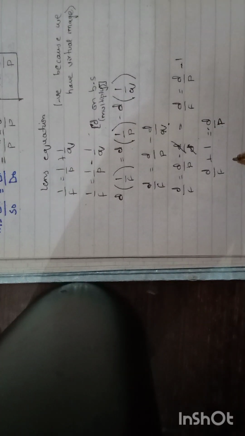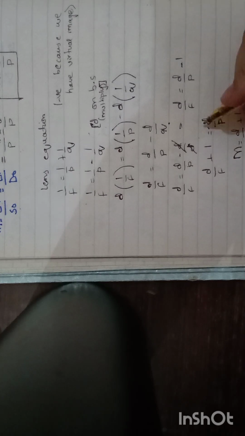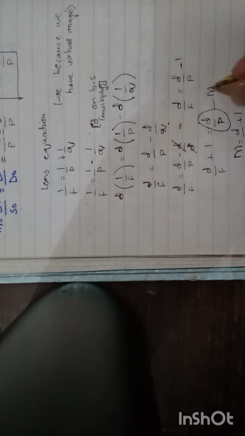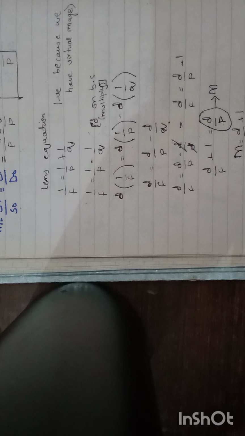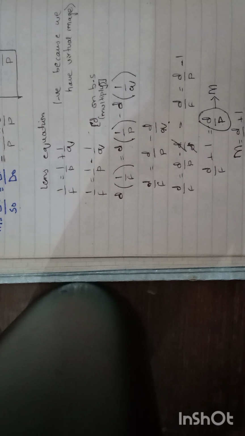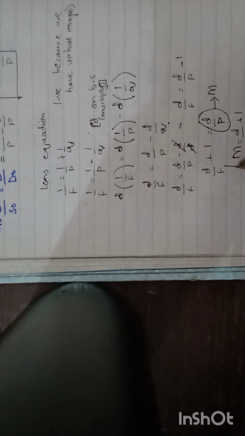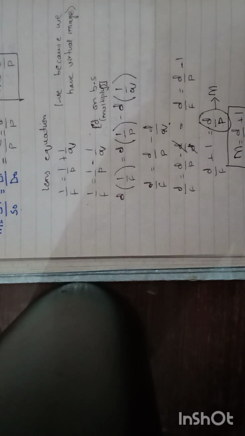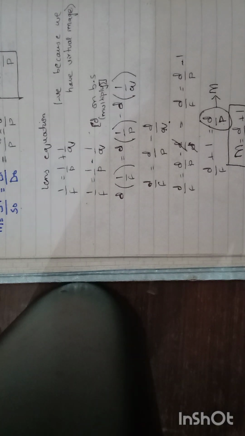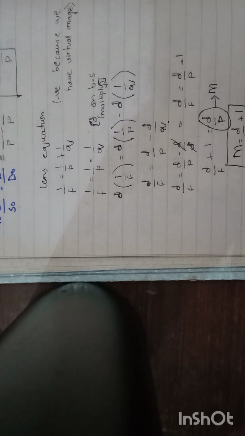So m is equal to D upon F plus 1. Don't get confused here: this is m and that is magnification, right? So here we get the final formula for the simple microscope. For compound it is changed. This is for the simple microscope, and this formula will let us know how much the object is magnified, how much the image is magnified.